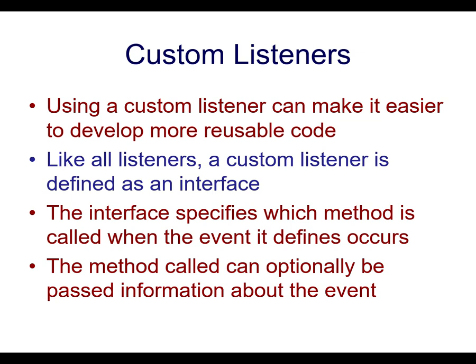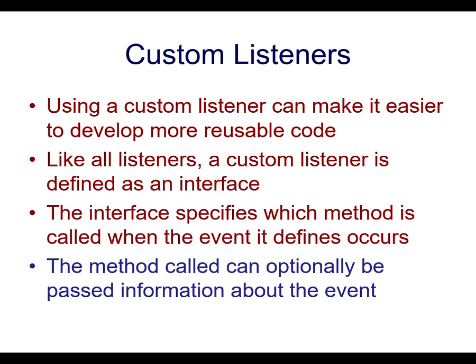If we include only a single method in it, it will be a functional interface, which will allow us to use lambda expressions for the event handlers. As is true for all predefined listeners, a custom listener specifies which method is called when the event it defines occurs.